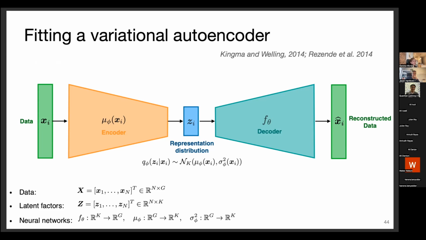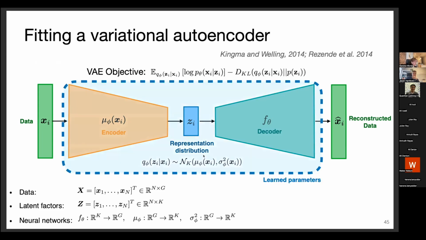The parameters of these mu and sigma, which are neural networks, are learned as part of the optimization process. So we fit this objective function, which is the lower bound on the log likelihood, to learn both the parameters of F, the generator or decoder, as well as the parameters of our encoder, the mean of the variational approximation.